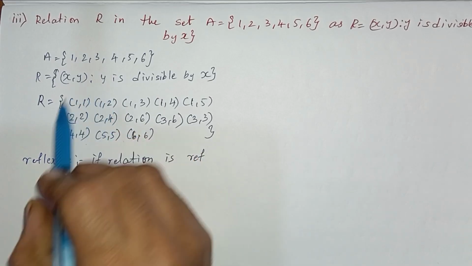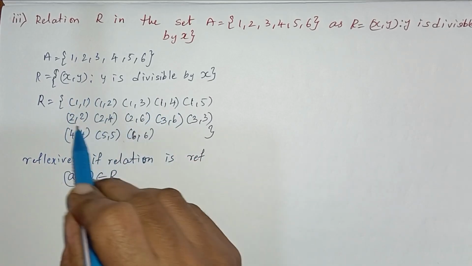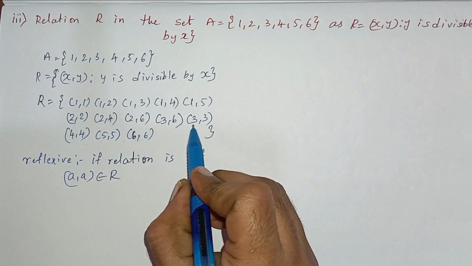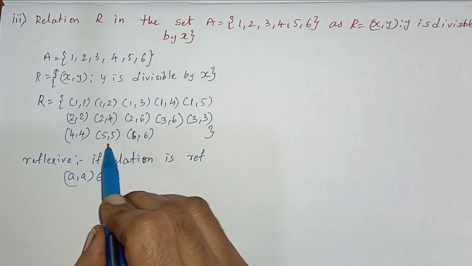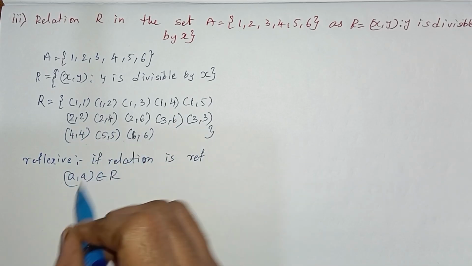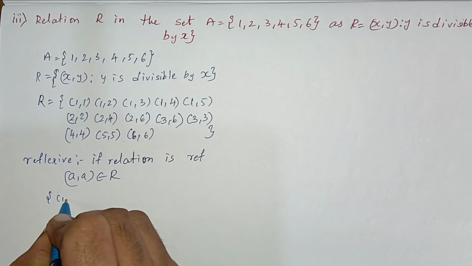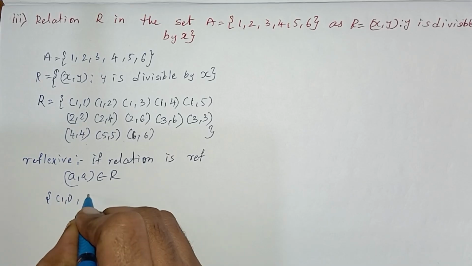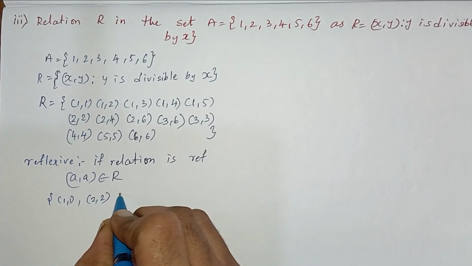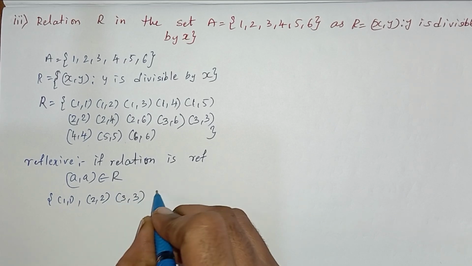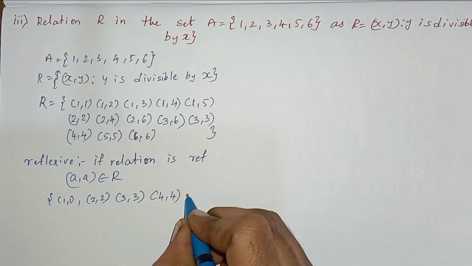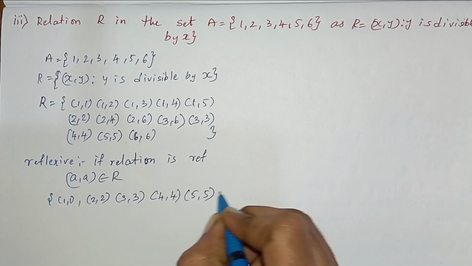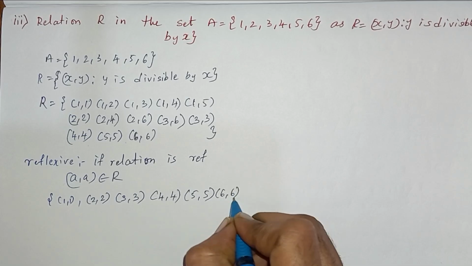Here we can see we have 1 comma 1, 2 comma 2, 3 comma 3, 4 comma 4, 5 comma 5, and 6 comma 6.